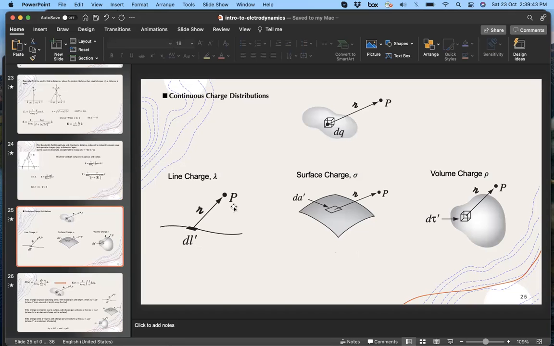So we started some problems for the line charge distribution, where we denoted the line charge as lambda, which is nothing but charge per unit length. Similarly, for the surface charge, we denoted it by sigma, and sigma is defined as charge per unit area. Okay, and for the volume charge, we define it as rho.